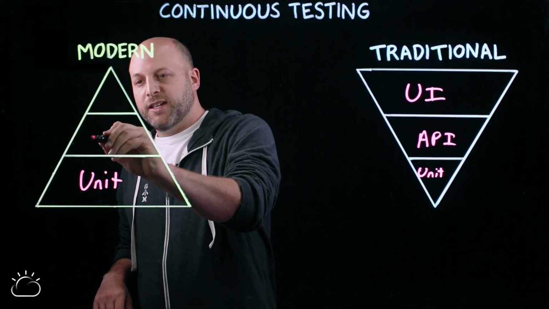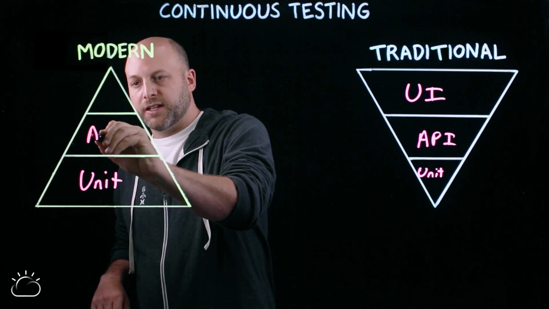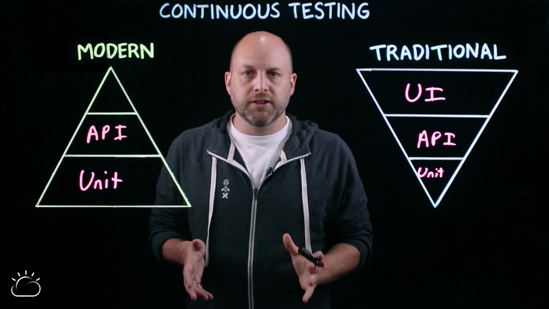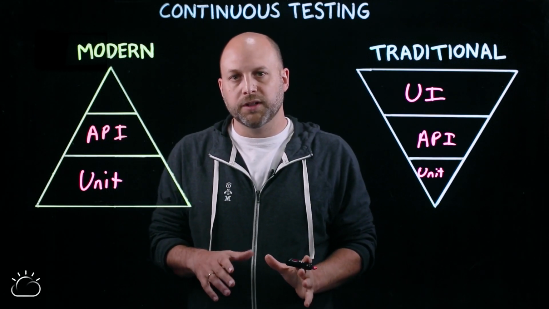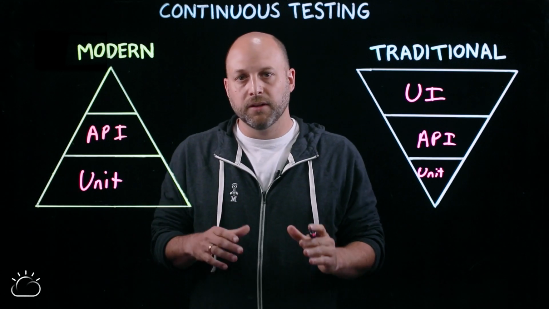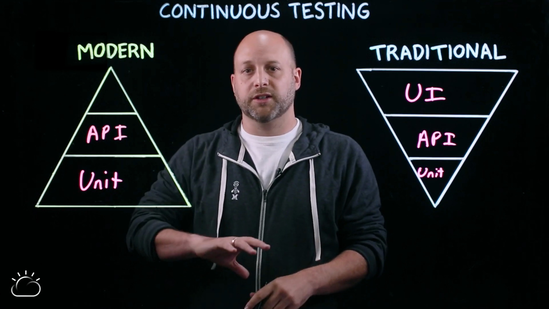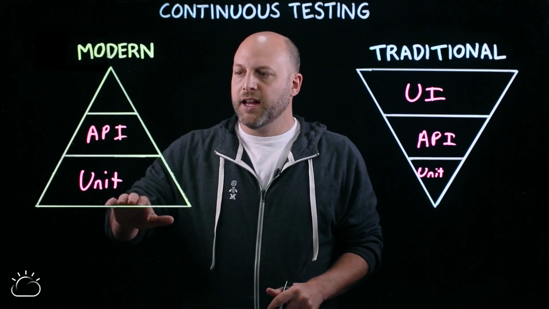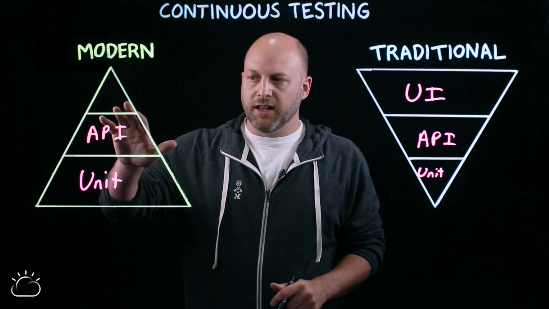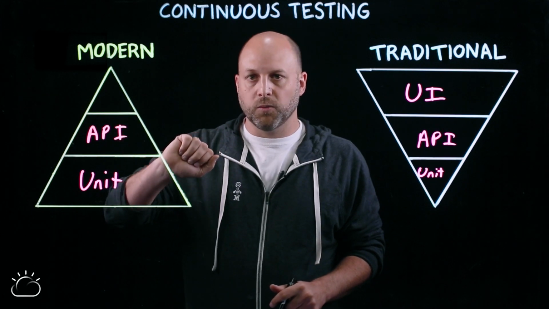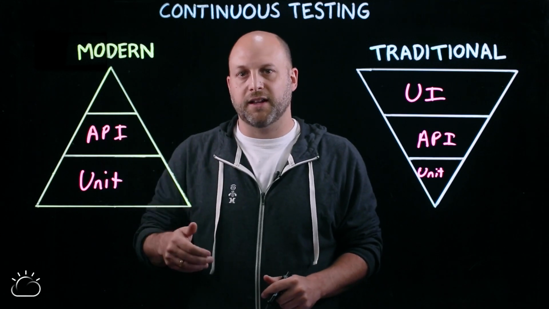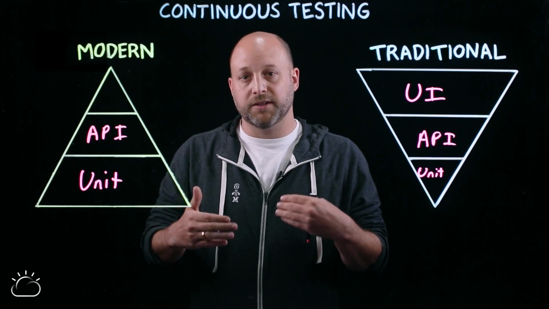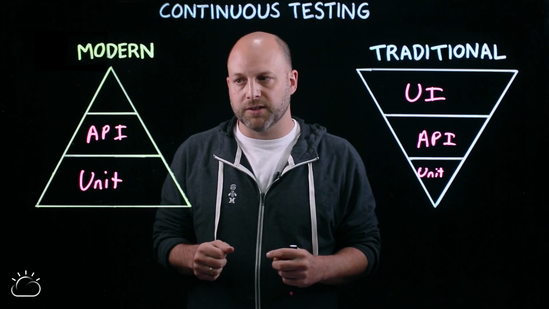But then the real key here, and what I find most interesting, is to put a lot of weight on the API testing, particularly in a world where we're moving to more microservices, but even very true as we're looking at service-oriented architectures and things like that. API testing does a couple of things. One, it captures our business logic at runtime and some of the interconnection between various pieces and parts of our applications.